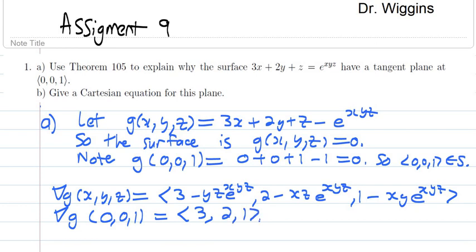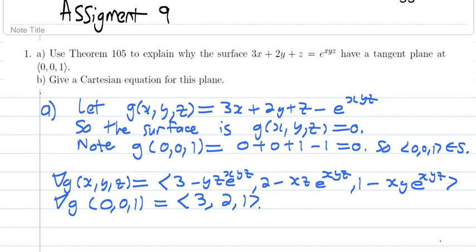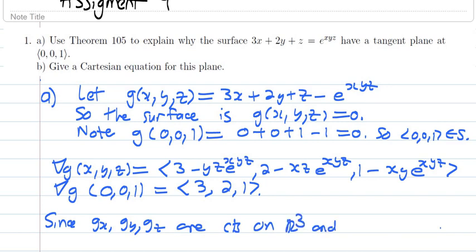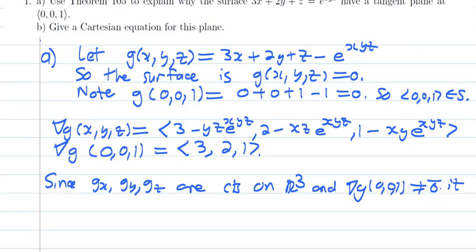All right. Now, they want us to use theorem 105. So, are the conditions met? Well, note that since gx, gy, and gz are continuous on R3, and grad g is not the zero vector, we can use theorem 105.